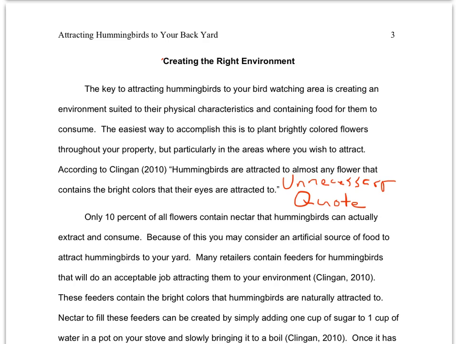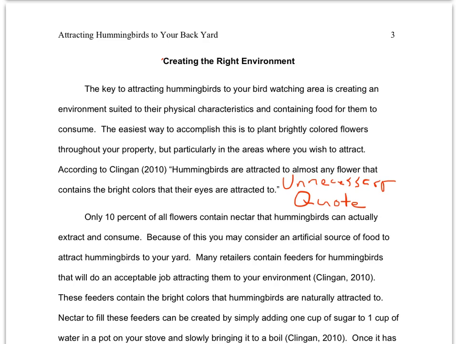Okay, well, it does tell us a little bit of information, but you know what? It really tells us kind of the same information we talked about earlier. And earlier we paraphrased it. So it would probably be just as appropriate, if not more appropriate, to paraphrase it down here if we were going to include it.